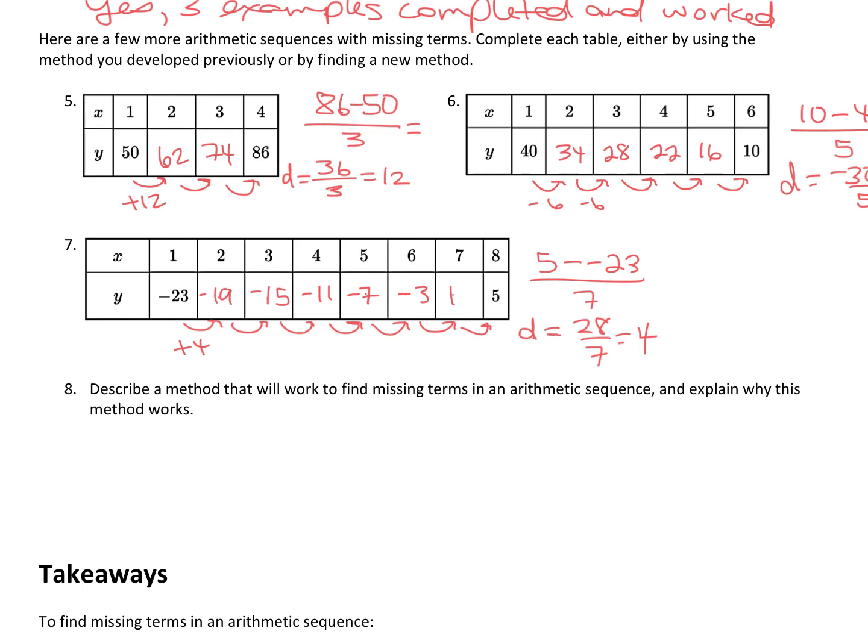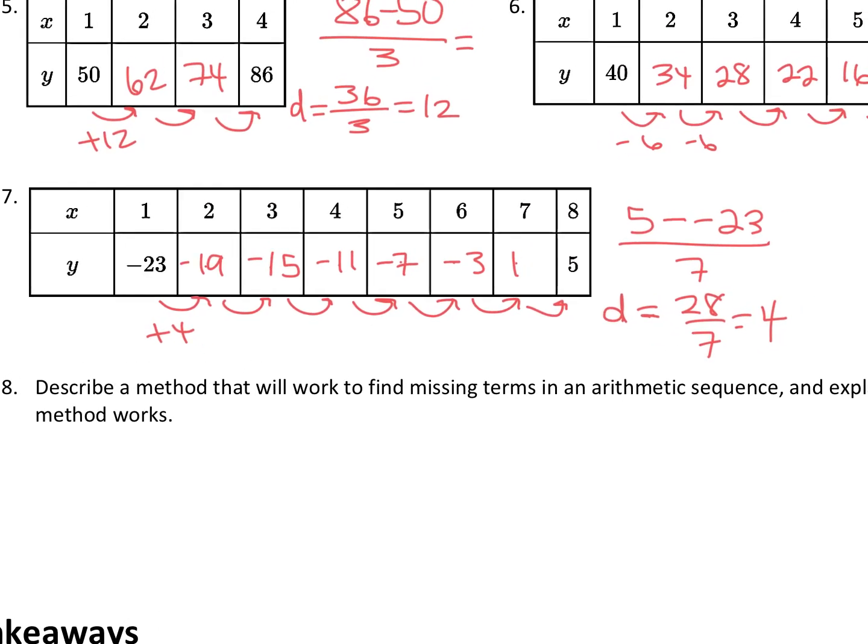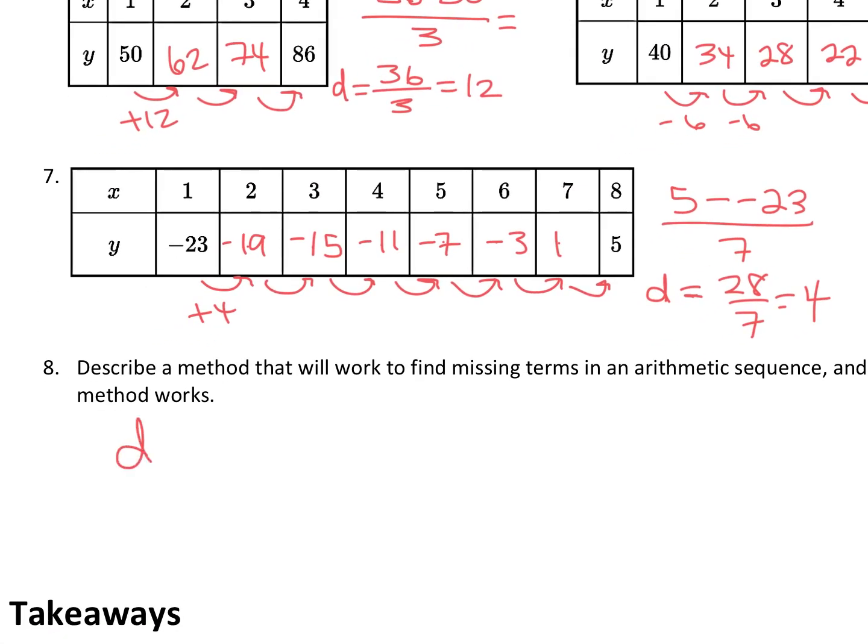All right, so let's kind of wrap this all up right now by answering our last question, which says, describe a method that will work to find missing terms in any arithmetic sequence and explain why this method works. Okay, so it looks like to find those missing terms, we just need to find D, right? And it looks like we can say that D is just going to be the last term minus the first term.